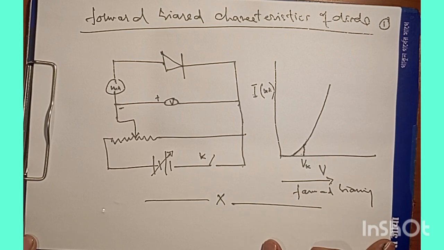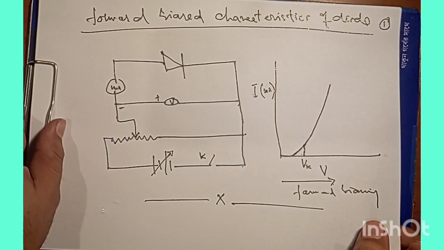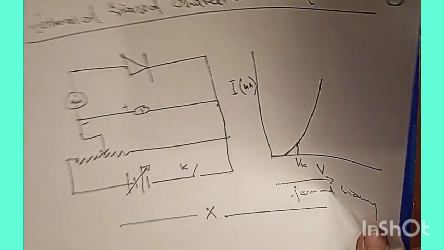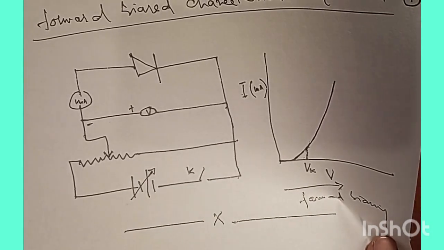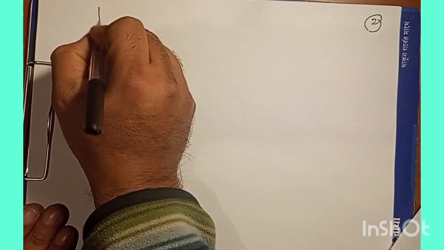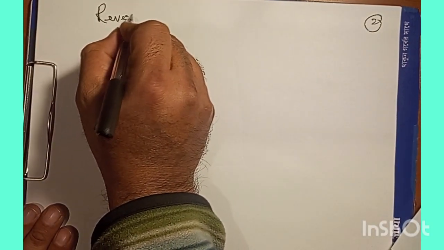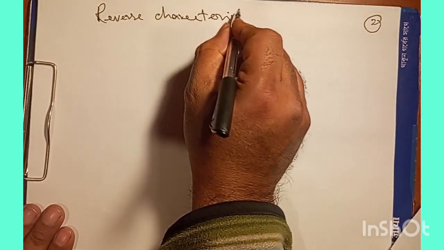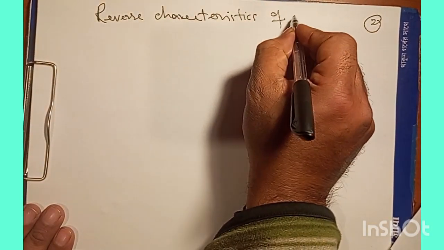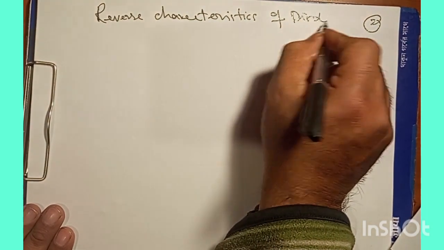In a similar way, we would like to discuss the reverse biased characteristics of the PN junction diode. So now the reverse characteristics of diode.